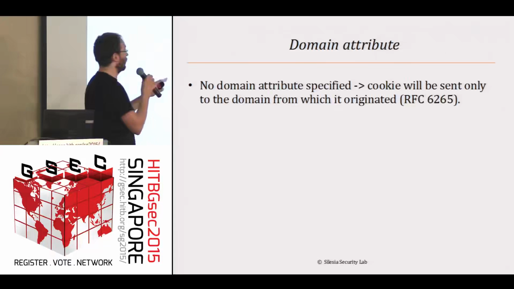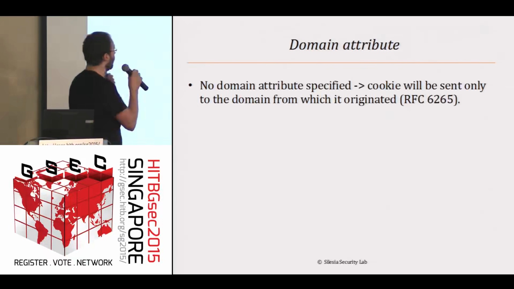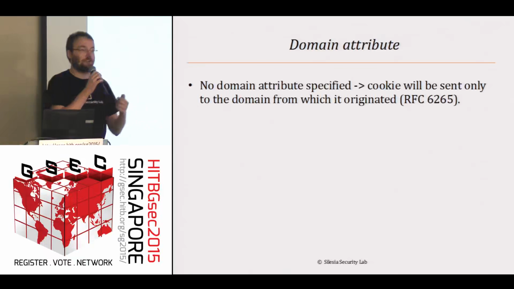And if you go again to this RFC, you can see that when this domain attribute is not specified, then the cookie will be sent only to the domain from which it originated.